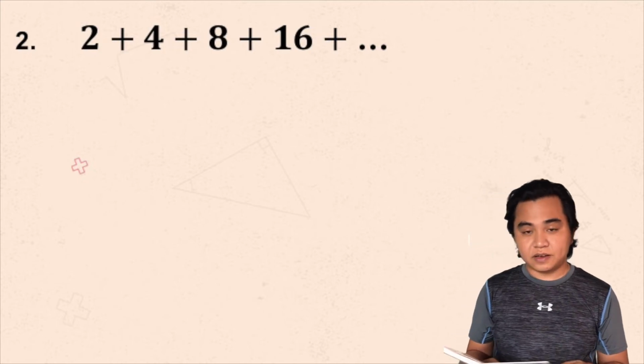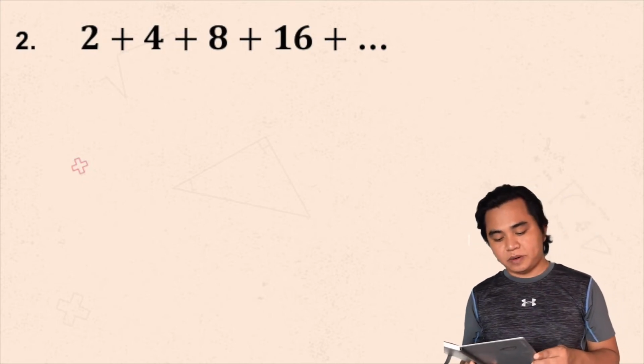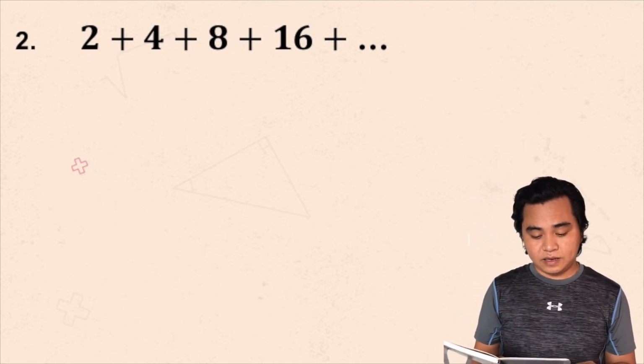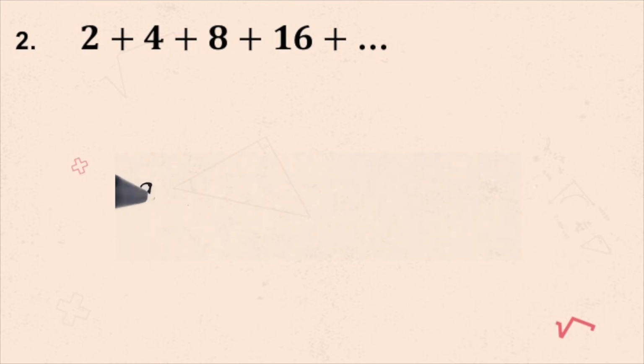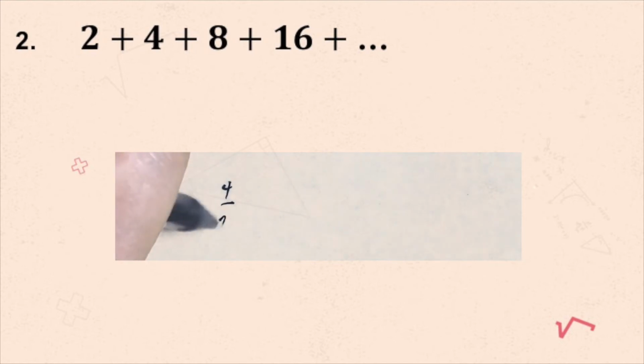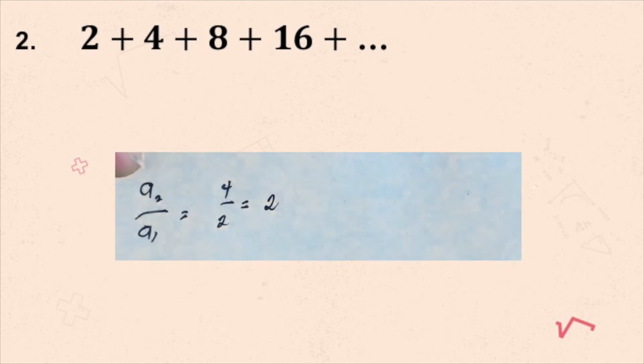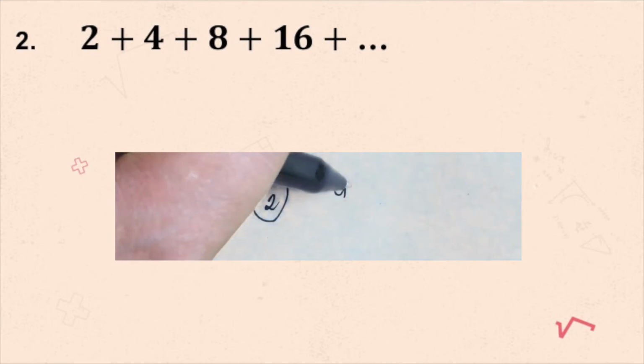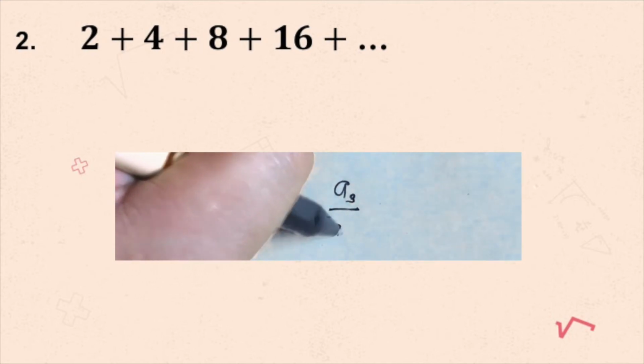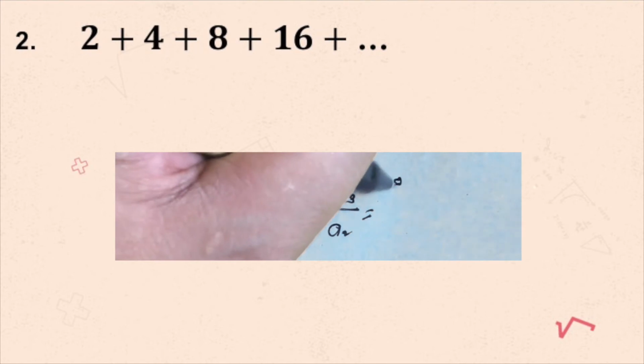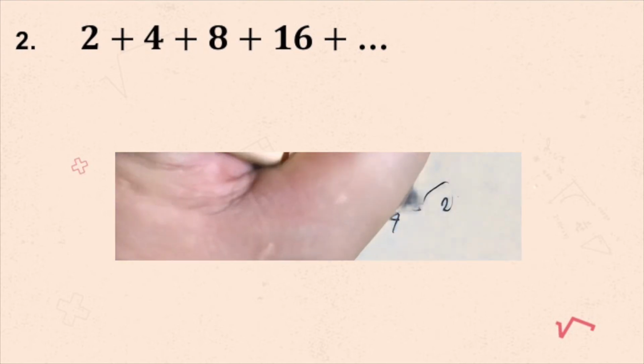Let's have the second. 2 plus 4 plus 8 plus 16. A sub 2 divided by a sub 1 is 4 divided by 2, which is equal to 2. Then a sub 3 divided by a sub 2 is equal to 8 divided by 4, which is obviously still 2.